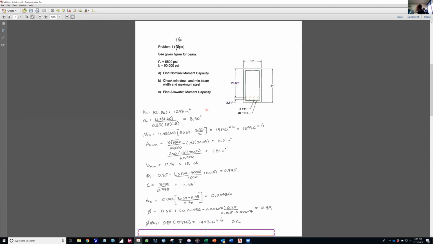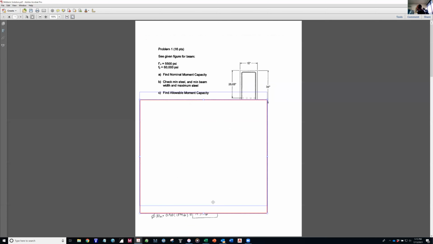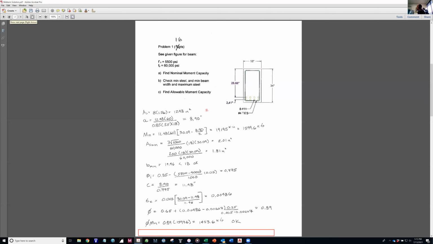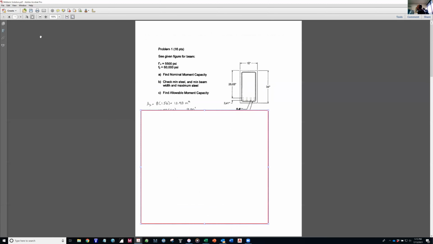So if I use a phi of 0.89 times my 1599.6, then I get an allowable moment capacity of 1423.6 as opposed to 1439.6. So the slight discrepancy, 1423, 1439. So I accepted either answer in that regard.